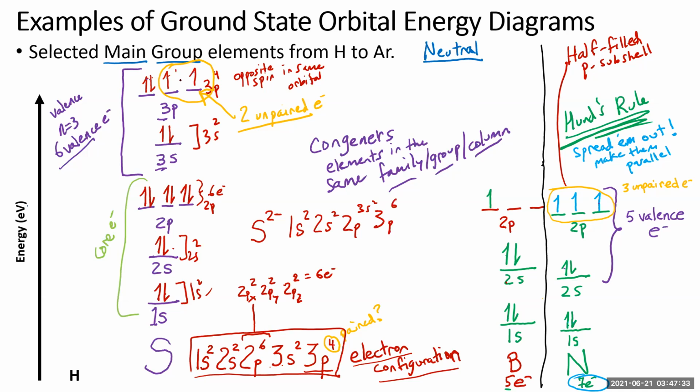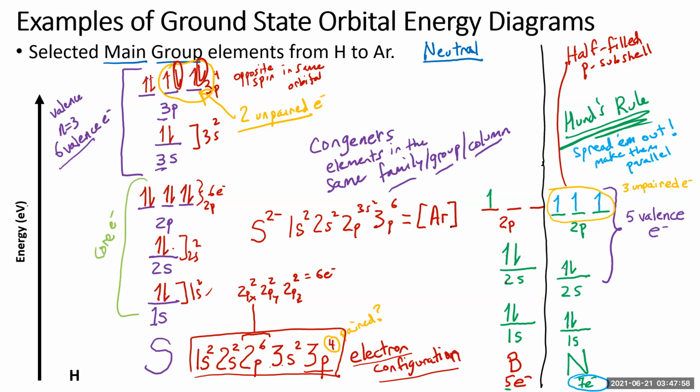You'd fill in those last 2 empty spots. Anytime you see 3p6, you are at a noble gas. There's no way to fill up the p subshell without arriving at a noble gas, at least at that point. So this would be isoelectronic with what? It would be isoelectronic with the element argon.